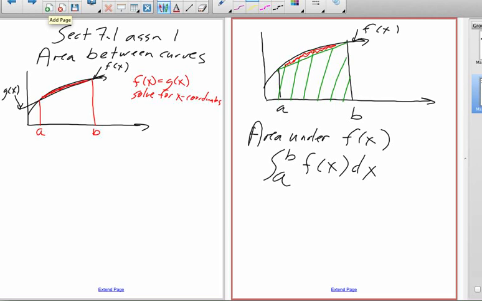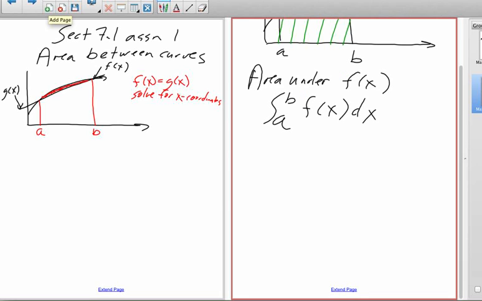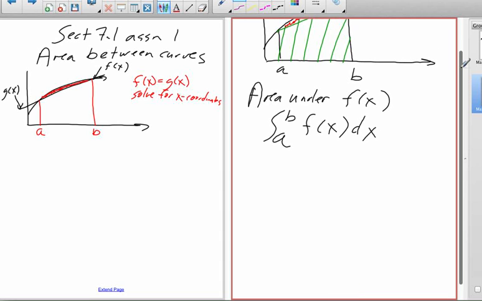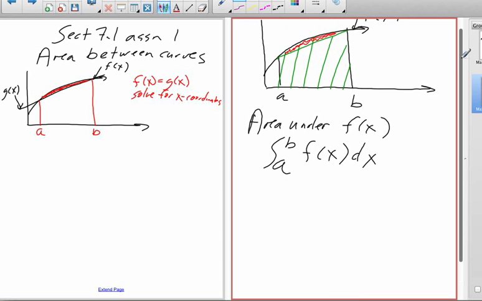Okay, so we've got more than what we need, but now I want to come back down and sketch g of x. And we've got the same idea here between A and B. And remember, f of x is sitting up here.